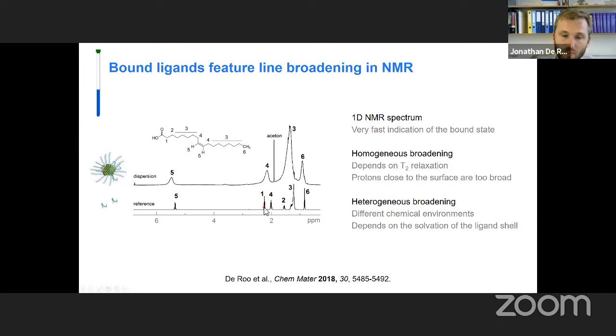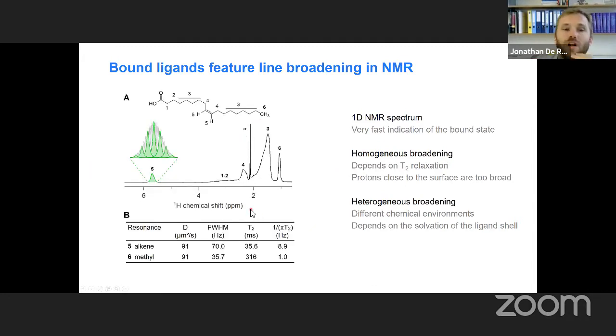You can recognize triplets, quadruplets, quintuplets, etc. And then as soon as a ligand binds to a nanocrystal, here is oleic acid, everything starts to broaden. And this is a typical spectrum of an oleyl-based ligand bound to a nanocrystal. And so now the question becomes, why? And so there are basically 2 mechanisms in NMR, and that's homogeneous broadening and heterogeneous broadening.